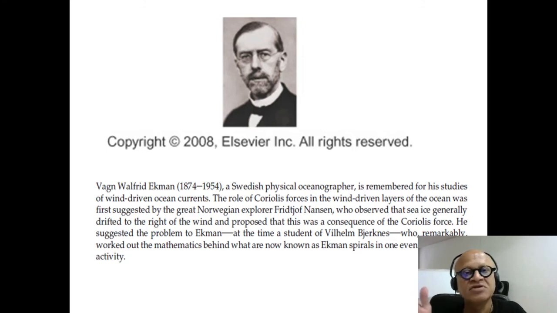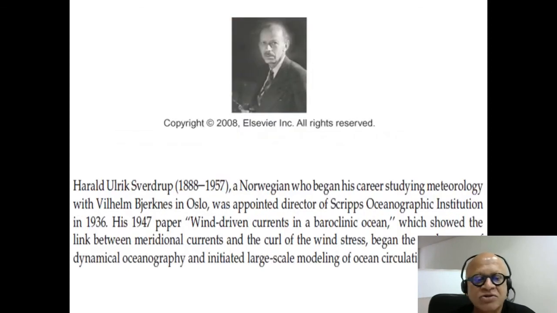And he had observed that the ice floes drift to the right of the winds, and he had asked Ekman to figure it out. Ekman was working with Wilhelm Bjerknes. Remember, the Bjerknes grandfather, son, and grandson were all big names. Jakob Bjerknes was the last one who did the El Nino theory, which is really seminal work as well. Harald Ulrik Sverdrup is a Norwegian.